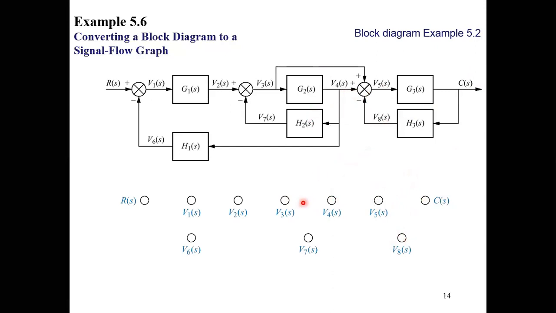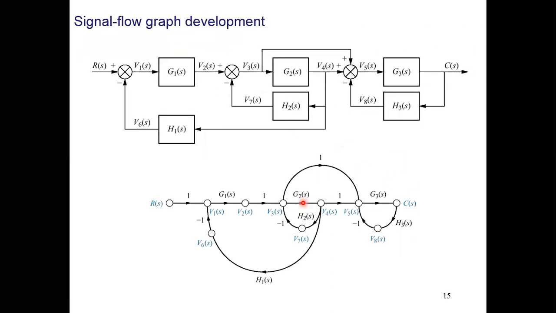So let's solve this. You can see that where we have a summing junction, we write +1 or -1 for the sign of the summing junction. R of S is positive, so we have +1, and feedback is negative, so we have -1 here.